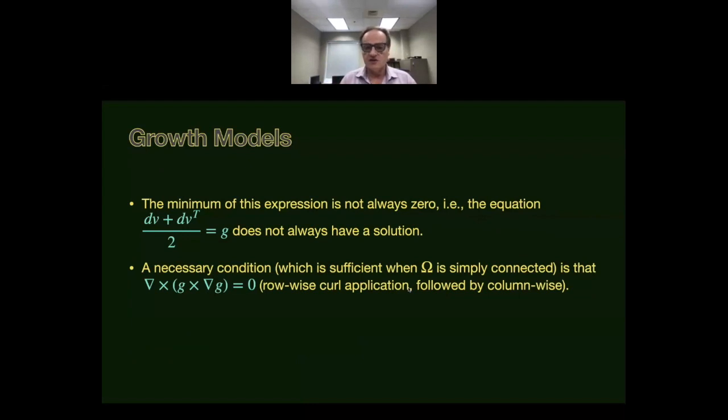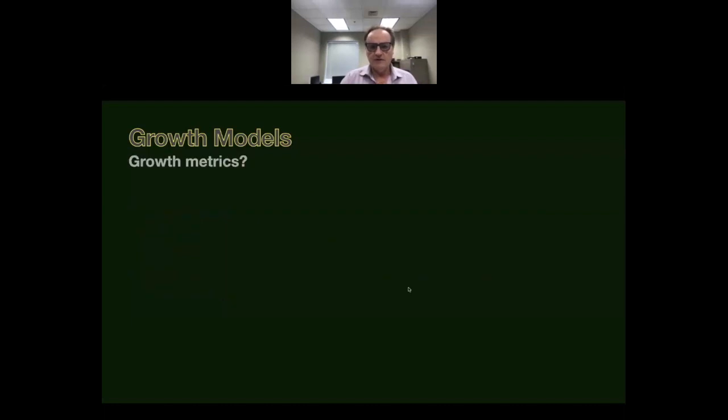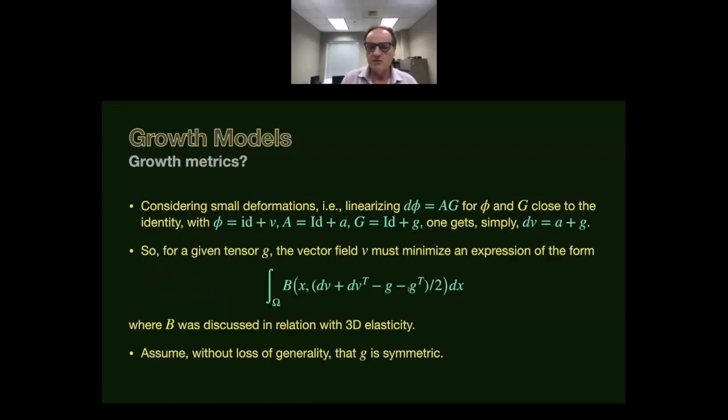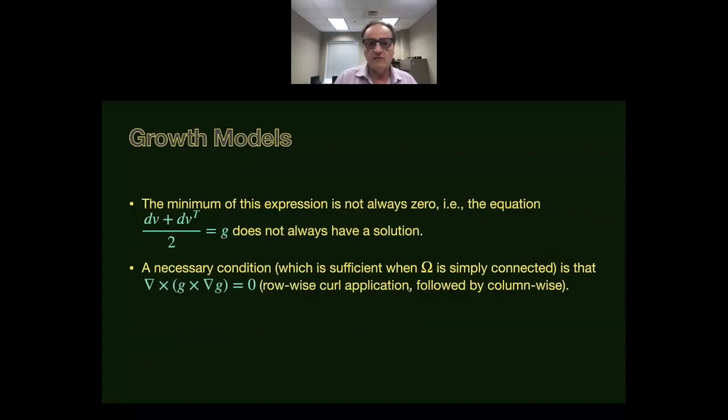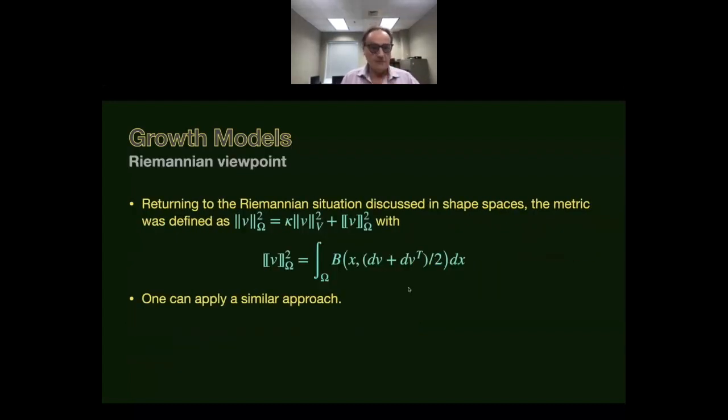There's this condition, I forgot the name, I think it's called the curl condition or something like that, that is needed for the minimum of this expression in G to be 0. So there's still something to minimize.